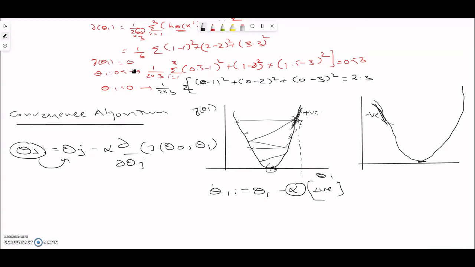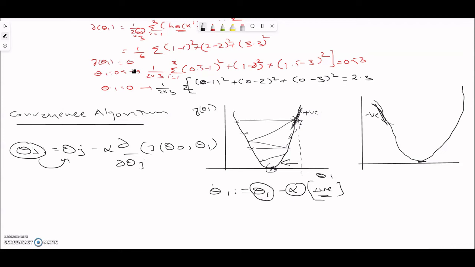If I have a point here with a positive slope, and I am deducting from theta 1 a learning rate times a positive value, then my value will move from this direction to this direction and reach some point.